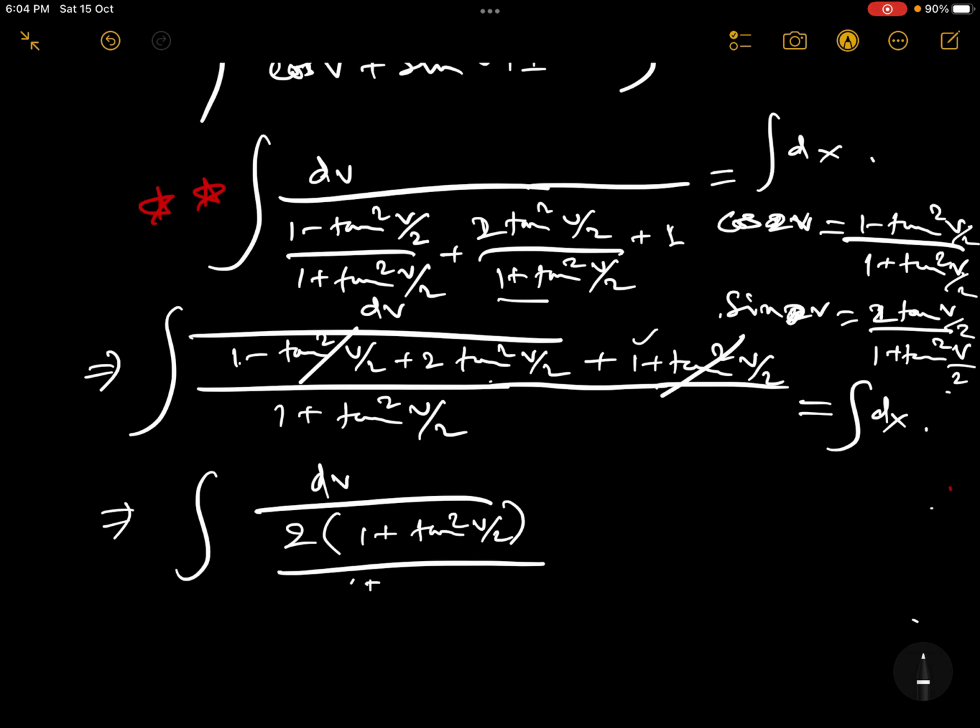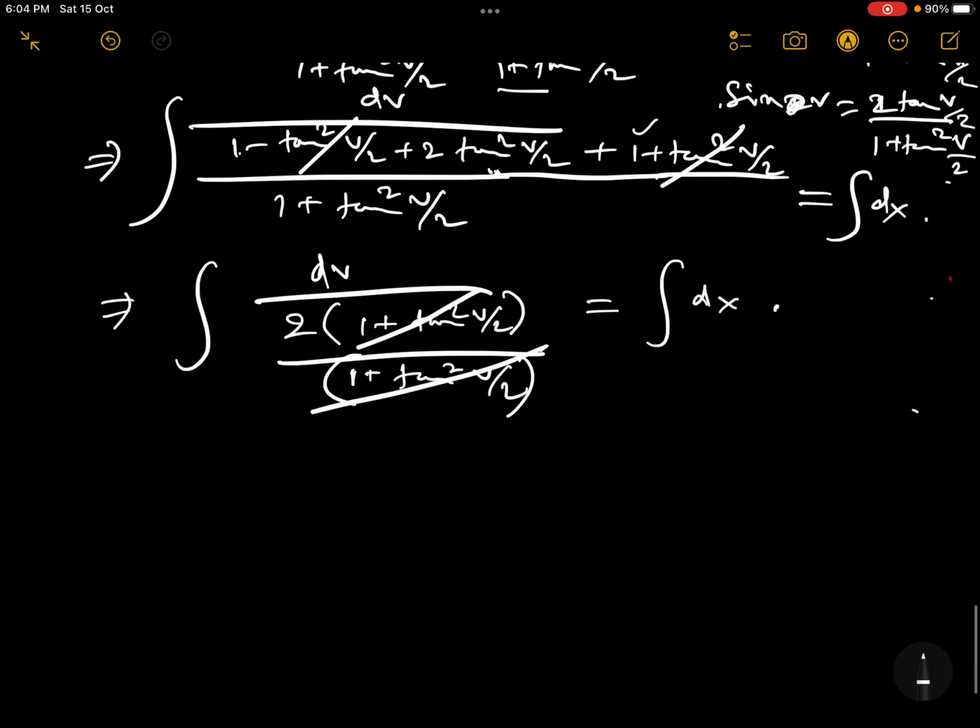Wait. Twice tan square v by 2 still exists now. Okay, I'm taking out common here. Tan square v by 2, 1 plus tan square v by 2 goes to d of x. This is gone.